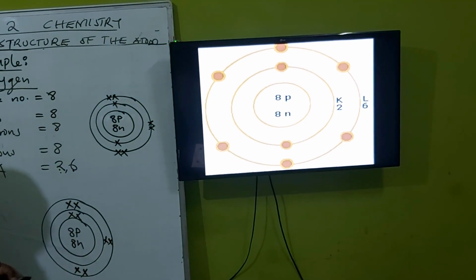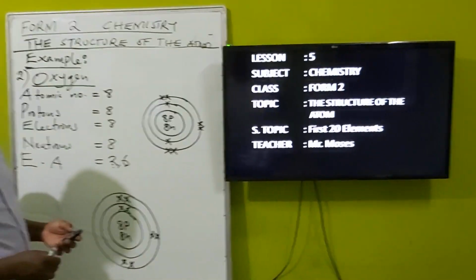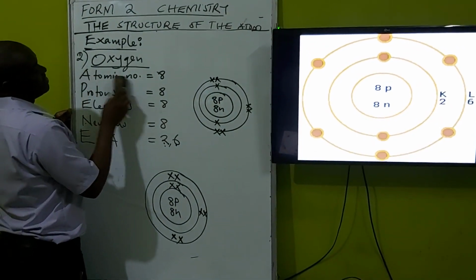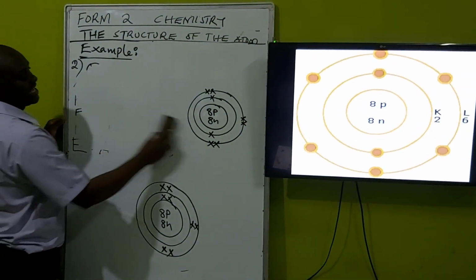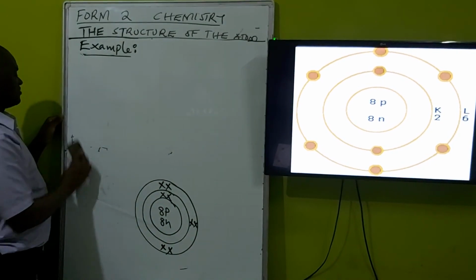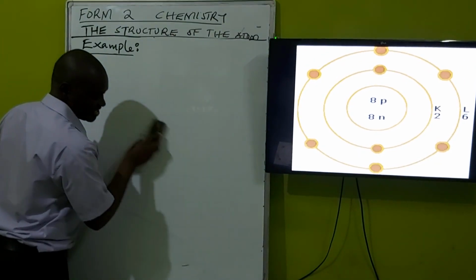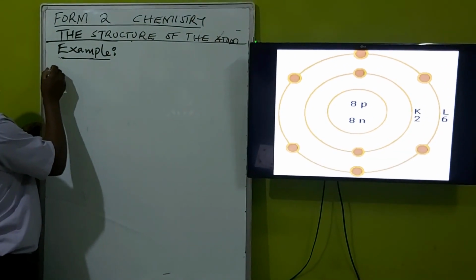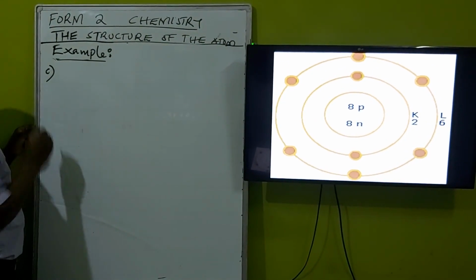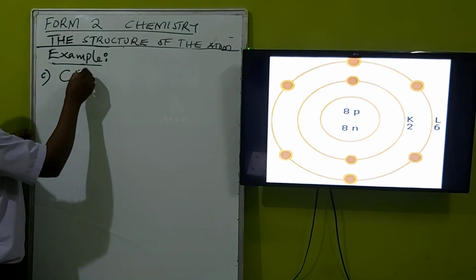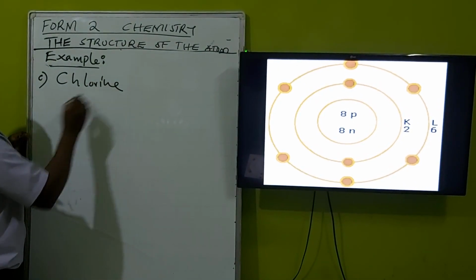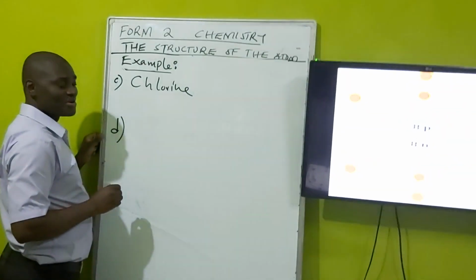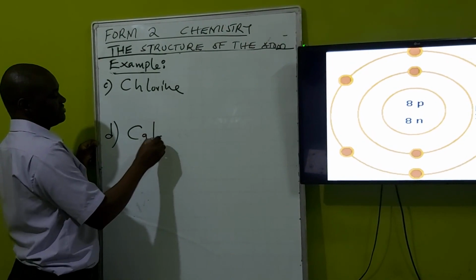That is an example. Now, for your practice, you can draw electron arrangements for C, chlorine. D, you can do for calcium.